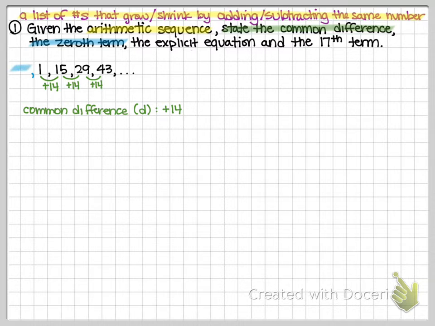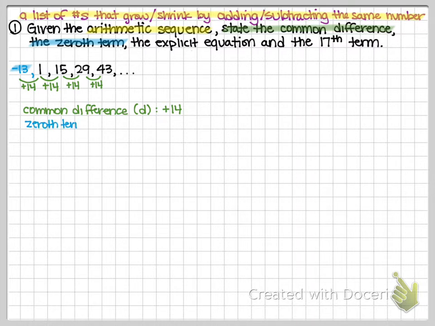Still using that plus 14. Well, if you're doing plus 14 to go forward, we know that we would be doing minus 14 to go backwards. So I guess what number plus 14 would give us 1? Well, that number is going to be negative 13. Negative 13, that's the zeroth term.